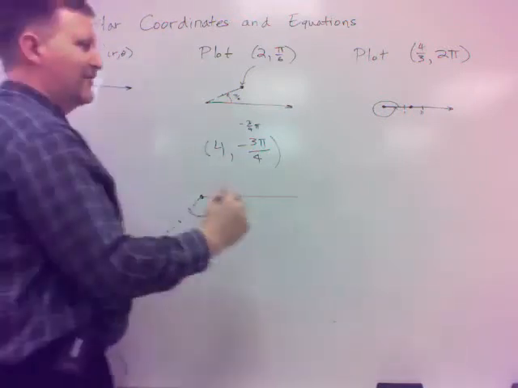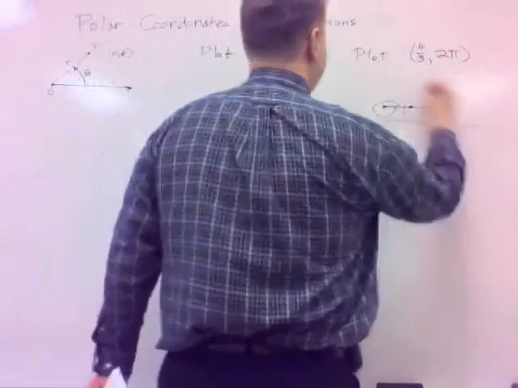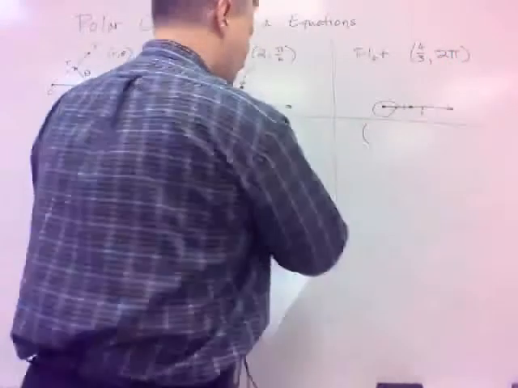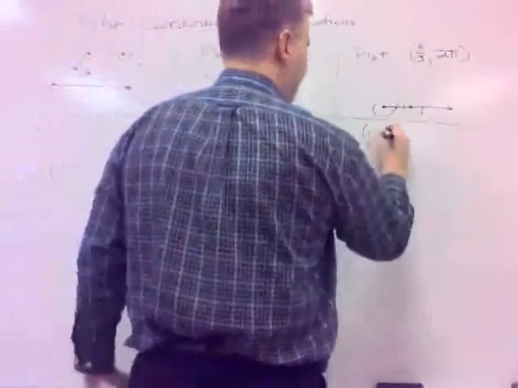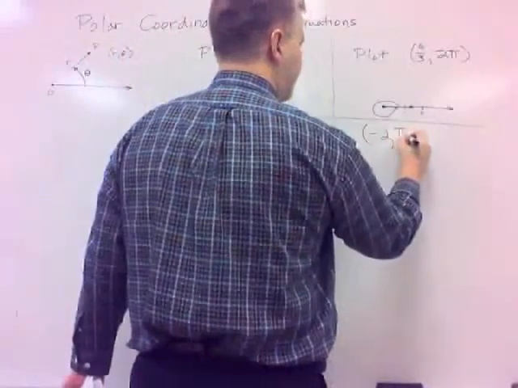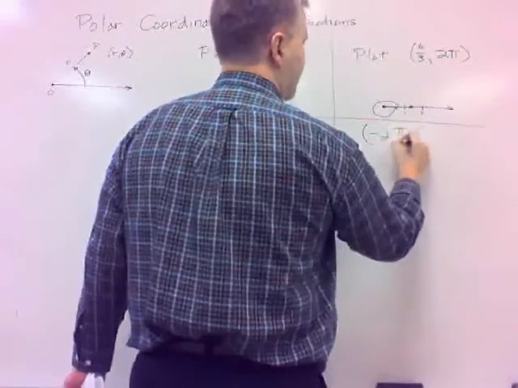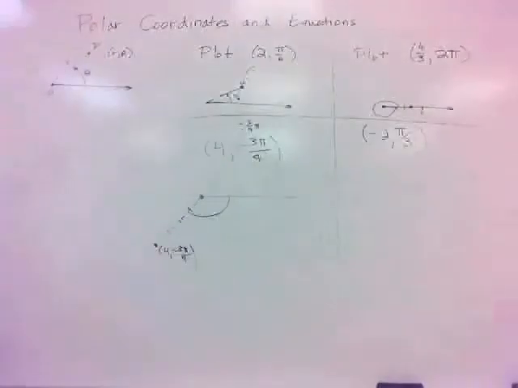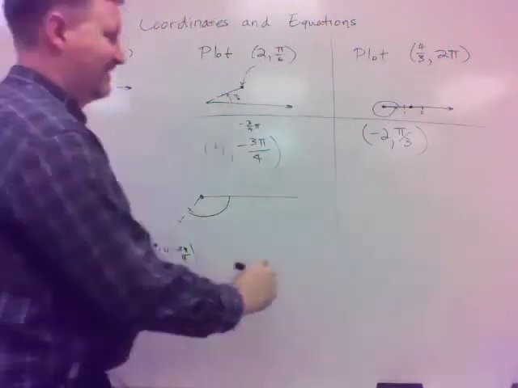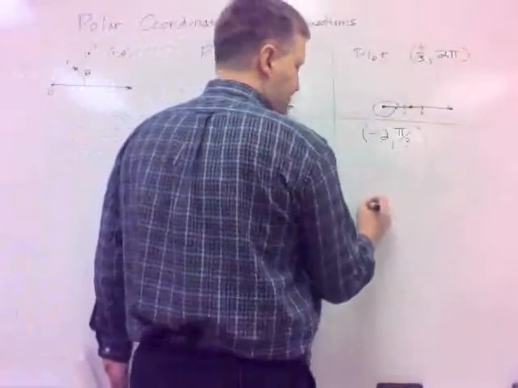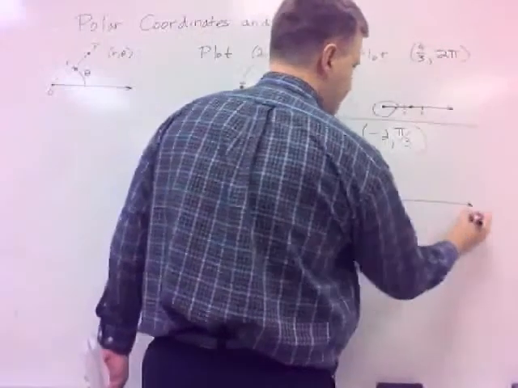All right. Now, what would we do with this one? What about (negative 2, pi over 3)? All right, so we've got a positive angle, so that's usually where you go first.